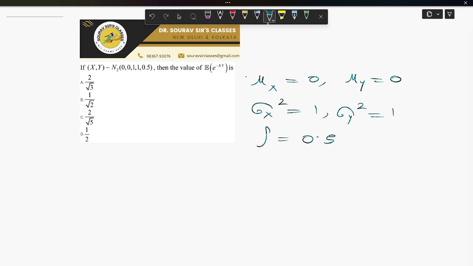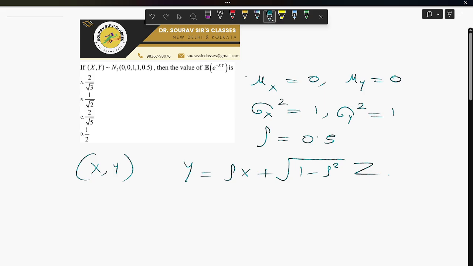So the properties of X and Y: since (X, Y) is a bivariate normal, we can write Y equals rho X plus root over 1 minus rho square times Z, where Z is an independent standard normal random variable.